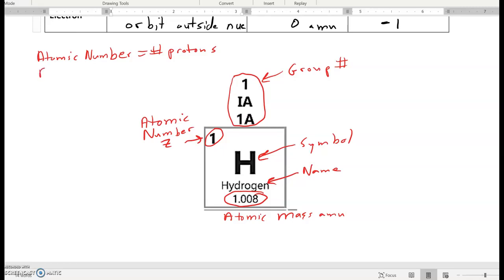The atomic mass equals the number of protons plus the number of neutrons. And in the neutral atom, the number of protons equals the number of electrons.